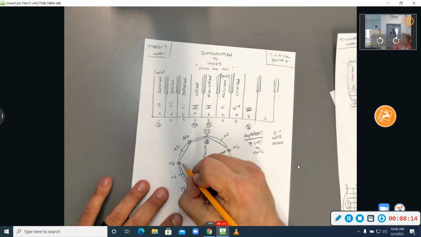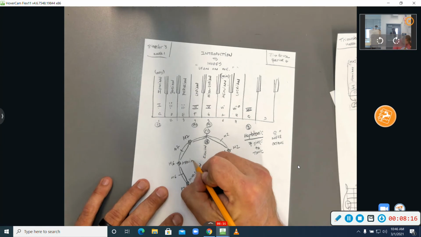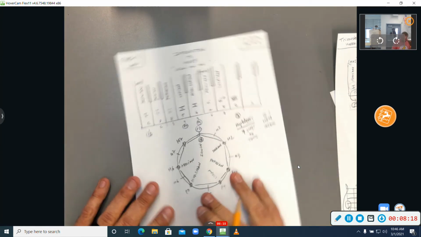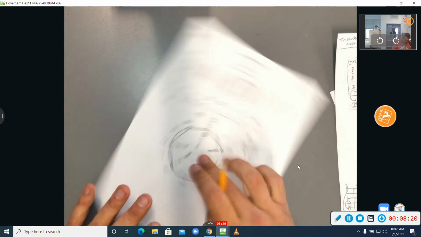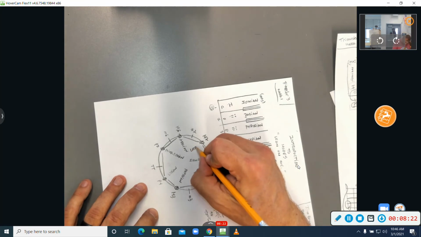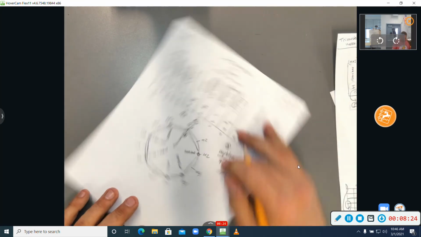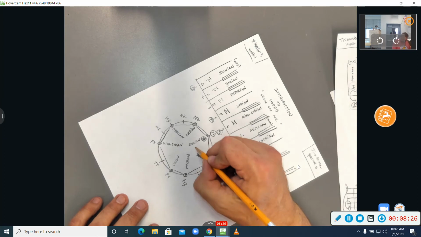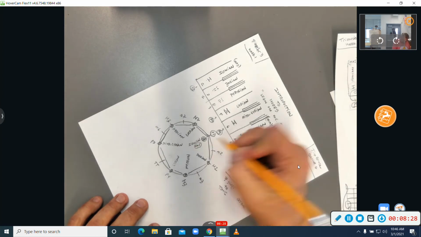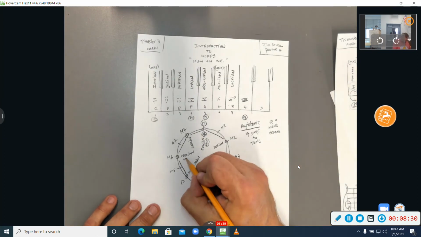Then Aeolian, A-E-O-L-I-A-N. And then here we end with what's called Locrian, L-O-C-R-I-A-N. This is our major. This is our minor.